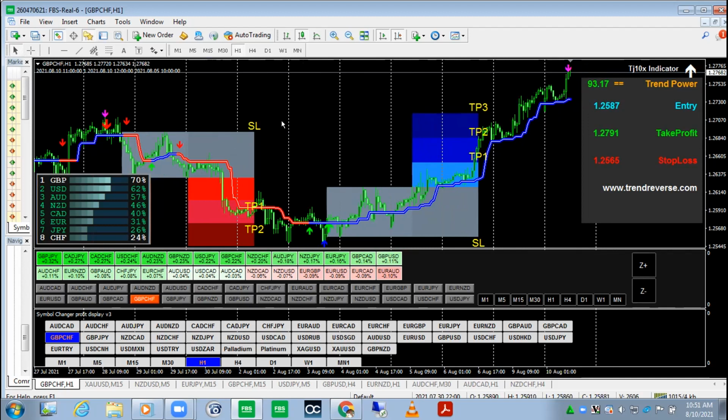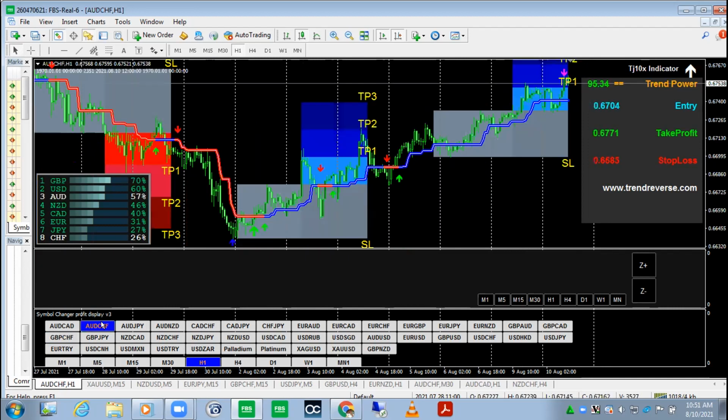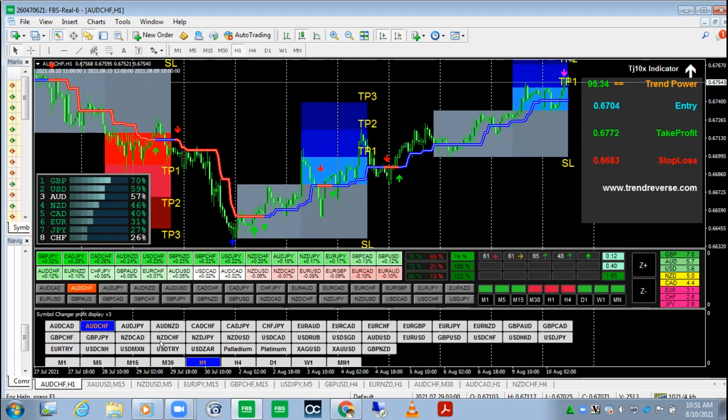Now, let's check another one. You can see this pounds JPY. Let's check what's happening in pounds JPY. Okay, this is pounds, this is JPY. Can we see? So this is the strongest against the second weakest.